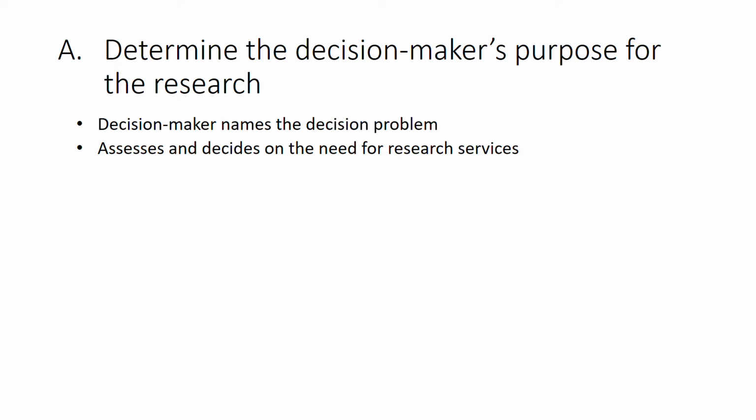So, in terms of this first step here, we have determining the purpose. So the decision maker names the decision problem. By now you should have read through your client brief, and in that brief you see the decision maker for our client stating what they see their decision problem as being. In some cases it could be a branding problem, sometimes it's a product attribute, sometimes it could be awareness or attitude problems that they are facing in the marketplace.